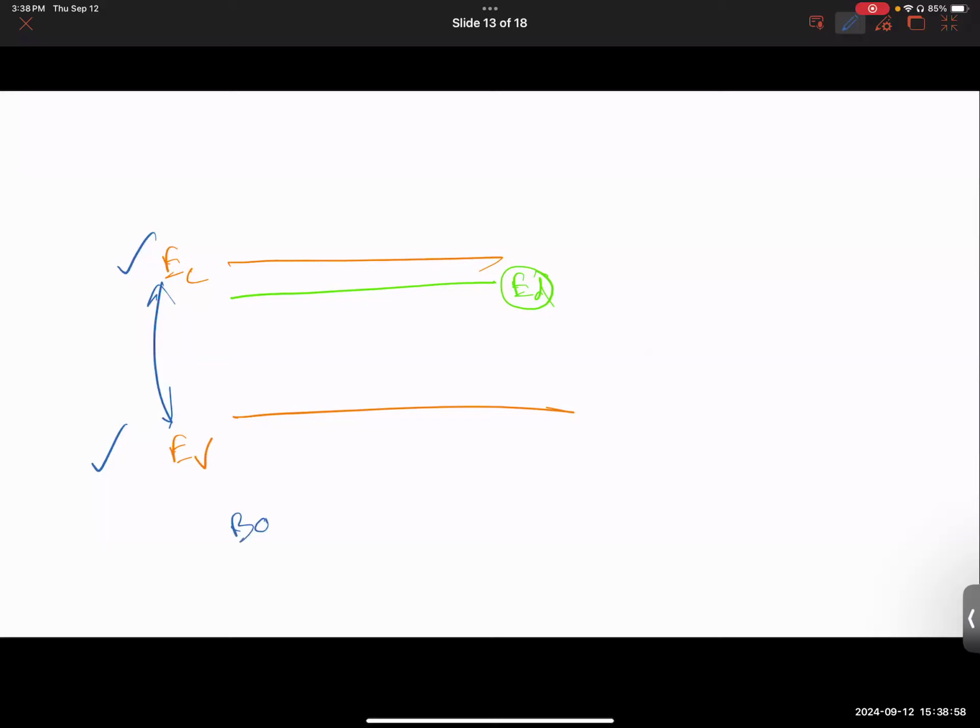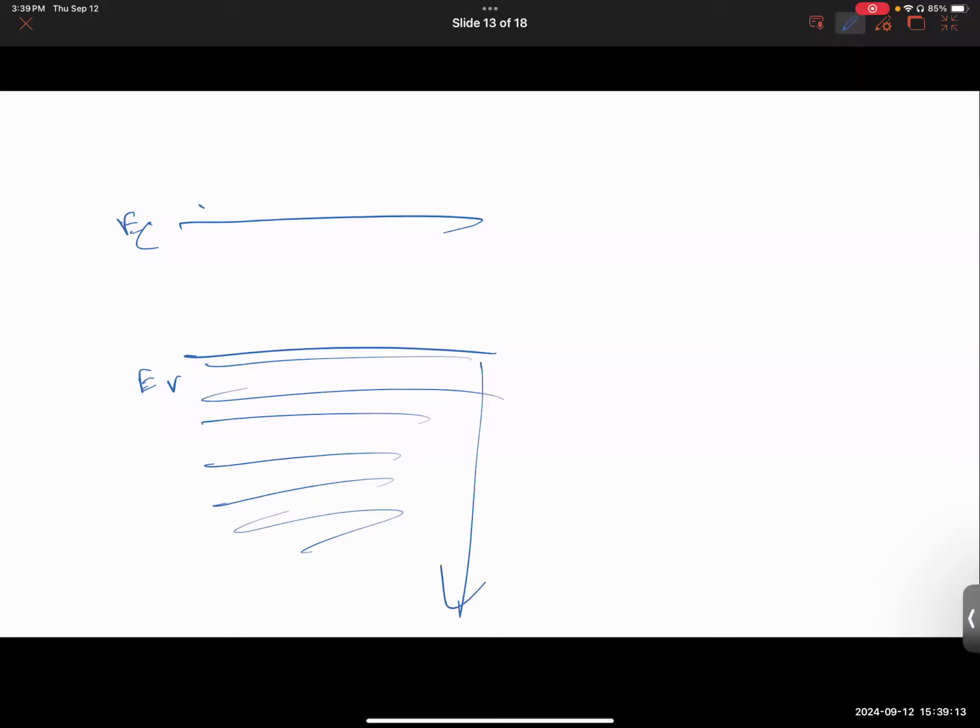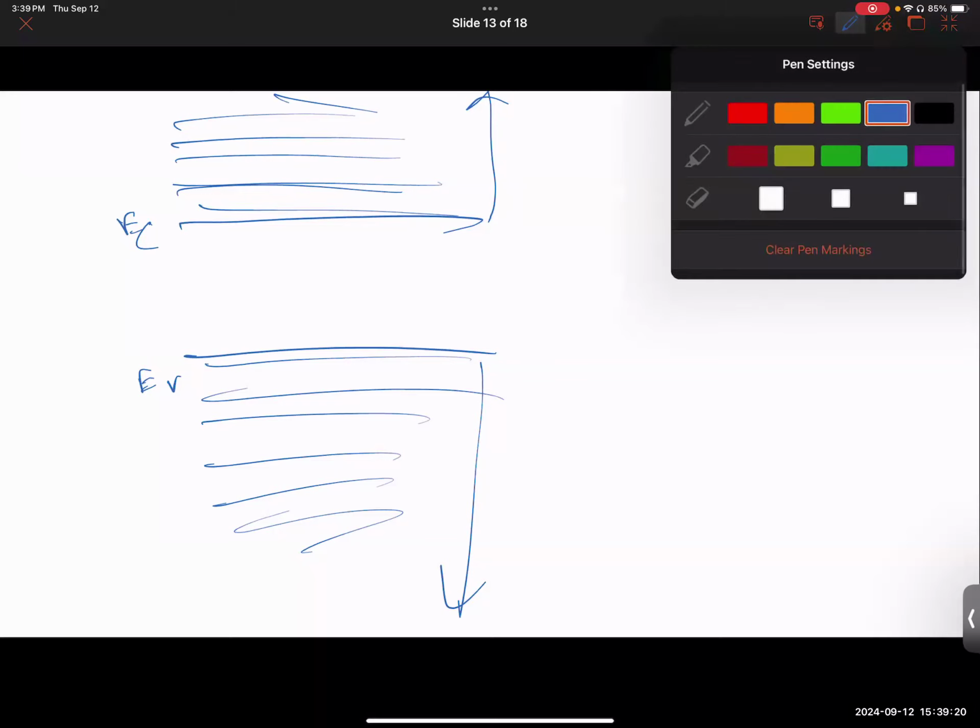Notice the term band. The reason we ended up with a band in silicon was because the energy levels split up. I meant to draw it like this, EC and EV. Energy levels split up in the valence band and in the conduction band. That's why we had bands, not just levels.